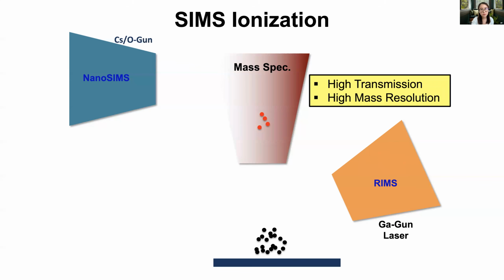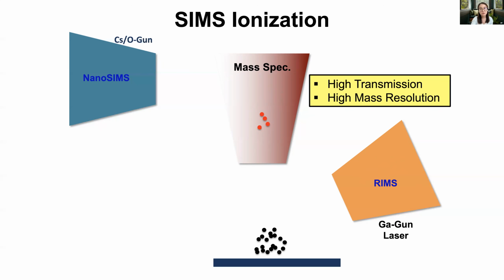So in an instrument like NanoSIMS, the secondary ions, the red particles in the cloud, are directly extracted into the mass spectrometer by applying an electrical field, and the isotopes of an element then get separated by a magnet and counted by different detectors in the SIMS instrument.